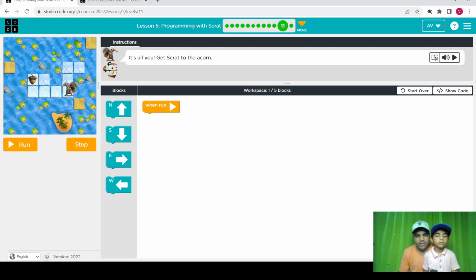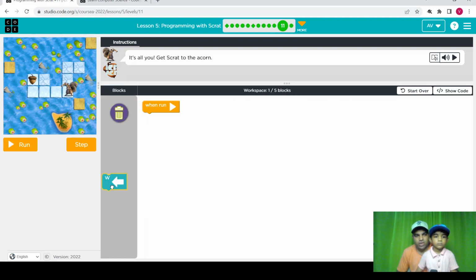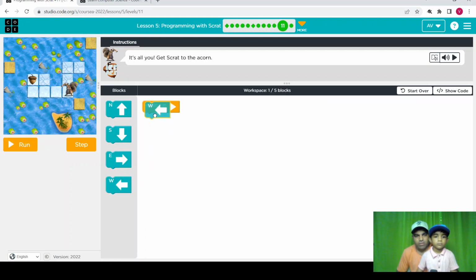So here is the next puzzle. Again, we need to help Scrat reach the acorn. So we need to use the blocks. One west, two west, and three west. Wow. What was the next?